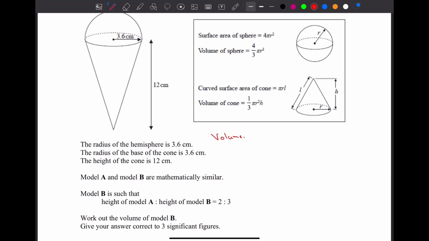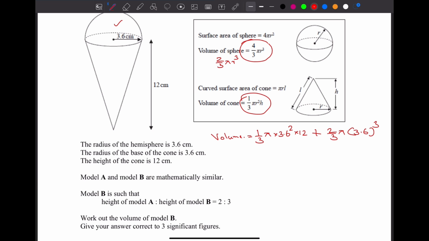Volume of a cone, they told you: it's 1/3 pi times radius 3.6 squared times height 12, plus the volume of not a sphere, a hemisphere. The volume of a hemisphere is half a sphere, remember, because that's what you have here. That's not 4/3, that will be 2/3, because I just divide that 4/3 by 2. So 2/3 pi r cubed, 2/3 pi times 3.6 cubed.